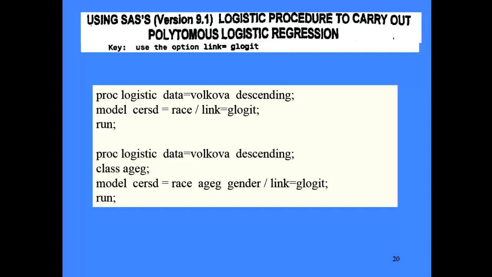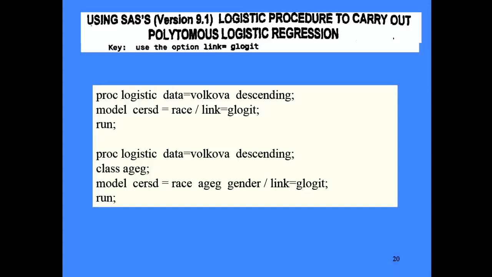The outcome variable is CERSD, C for categorical, ESRD, and it's got 3 categories, 0, 1, 2. It's got race, and that's the only variable in the model. There's no other predictive variable in the model, so it's the crude. It's race on the outcome.